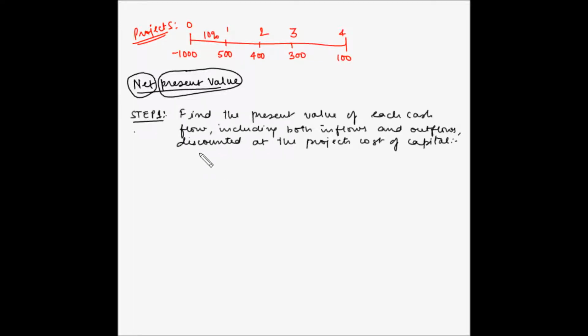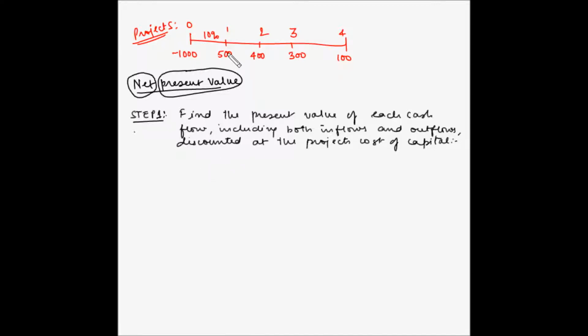So the first step in finding the net present value is to find the present value of each cash flow, including both inflows and outflows, discounted at the project's cost of capital. In our case, for project S, we know the cost of capital is 10%.